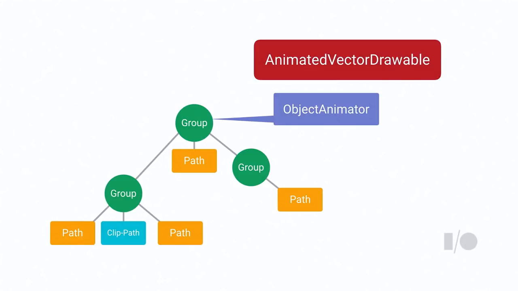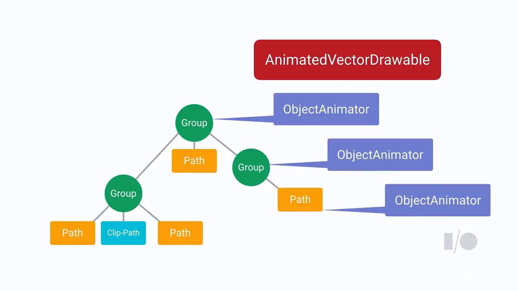And when the animation starts, you will see all the children nodes rotating in a circle. Also, you can add more object animators to different nodes, to their different attributes, to make your animation look even better.